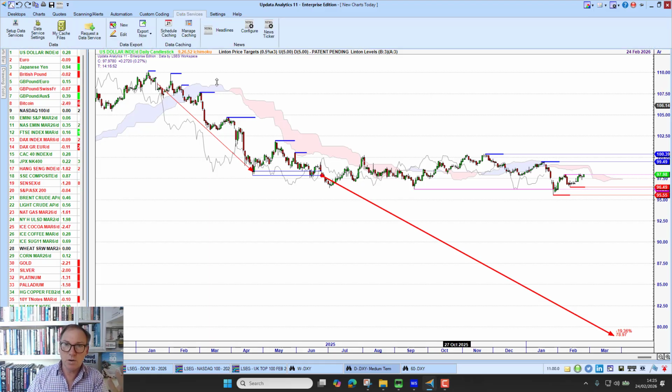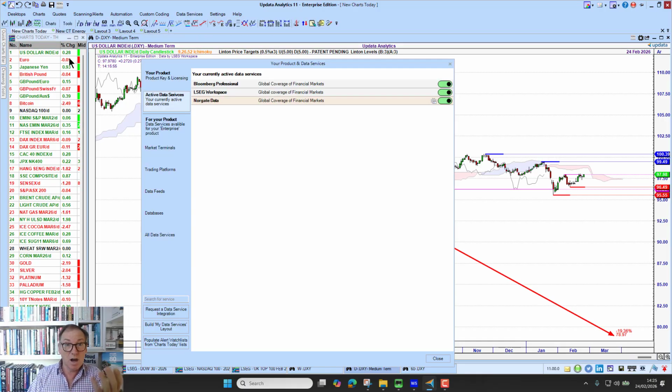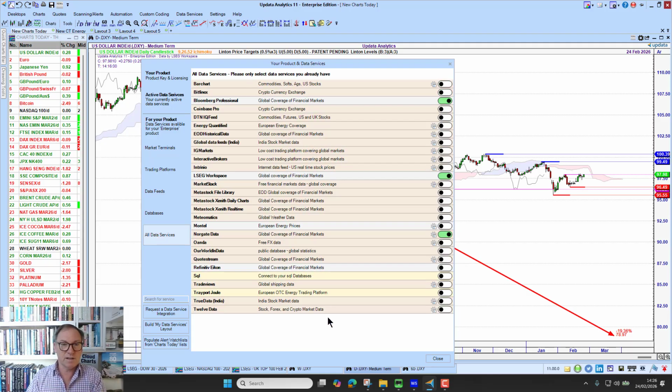When you get Updata for the very first time, or if you're an existing user, you just click data services on the fly. You can configure these data services. The ones in this bronze color are bronze, and the silver or white color is silver. The bronze is in all our products, the silver is in our professional product, and the gold is in our top of the range enterprise product.